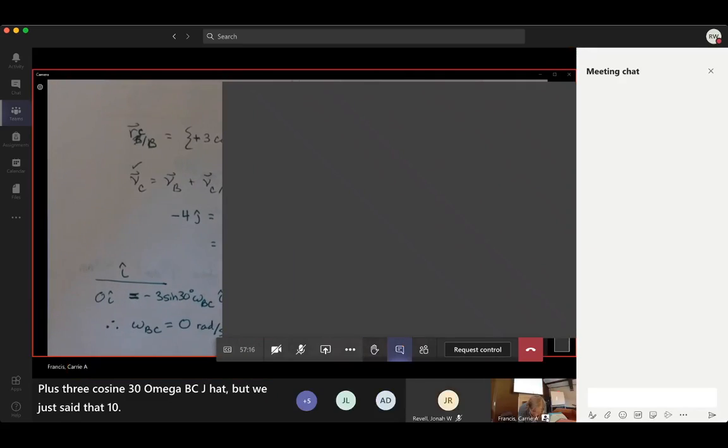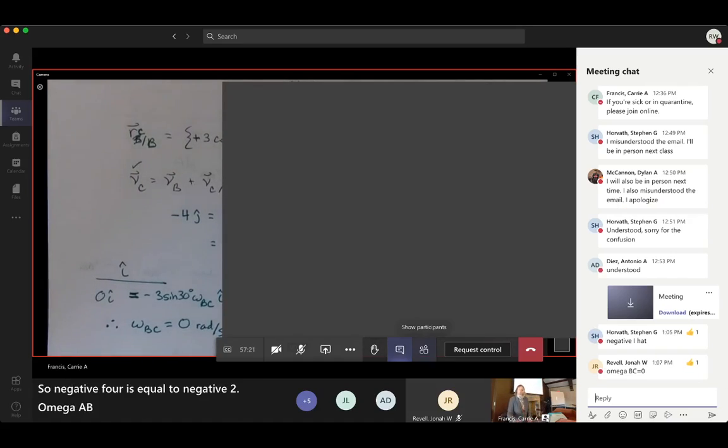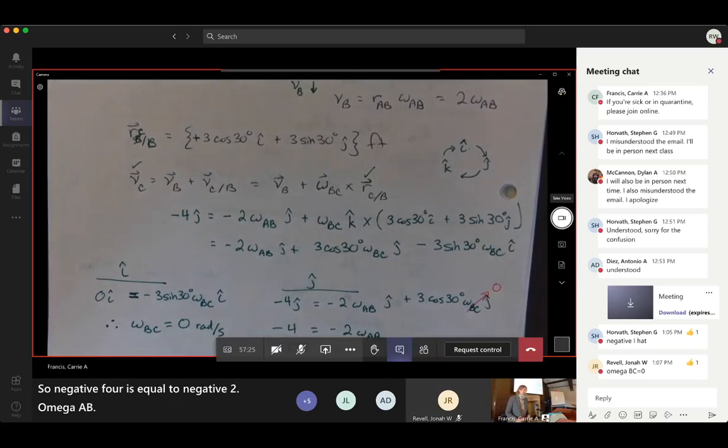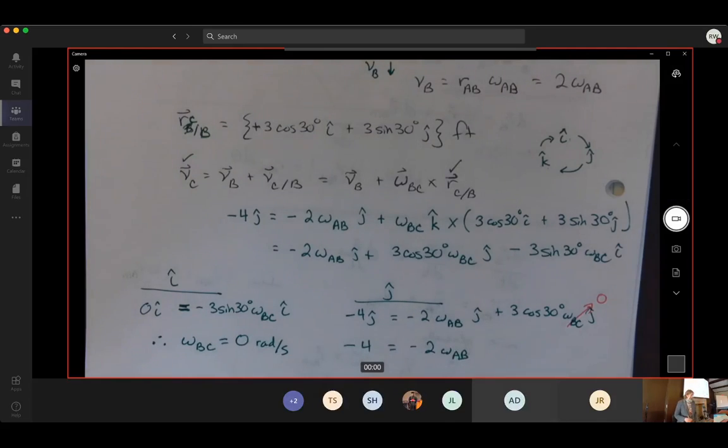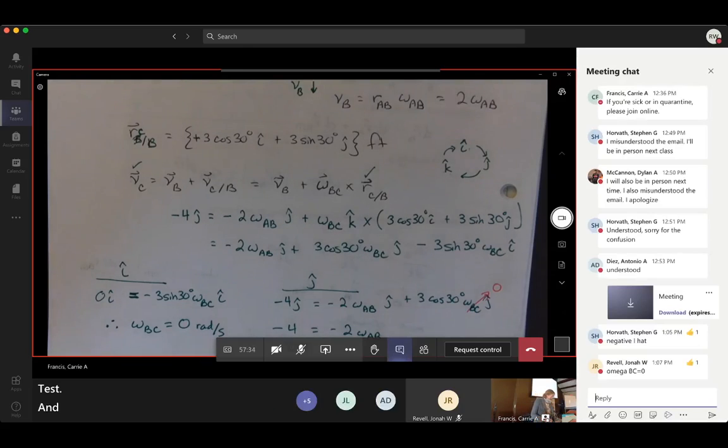So -4 is equal to -2 omega AB. And so this is going to tell us that omega AB has to be equal to 2.